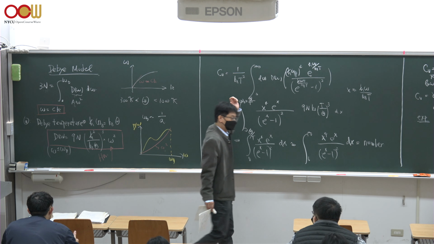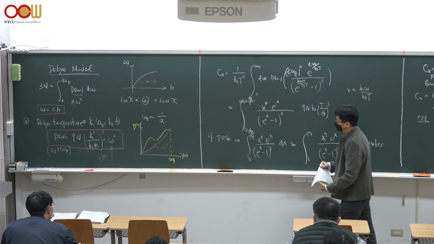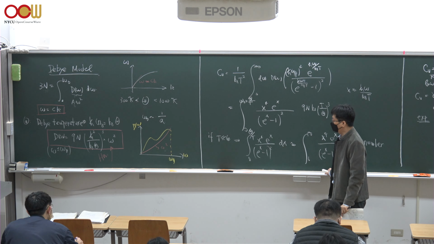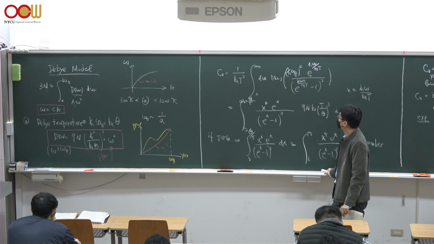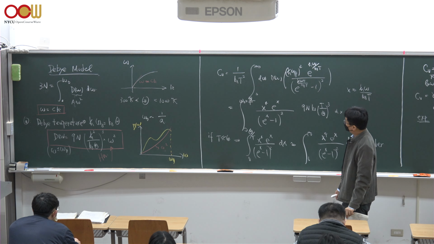So let us plug in this definition and express the density of states in terms of the Debye temperature and the omega squared dispersion.